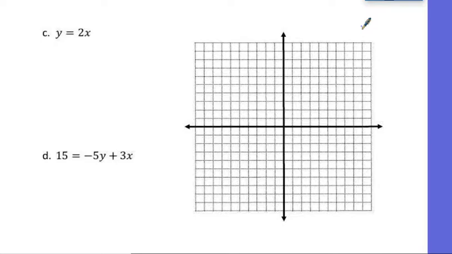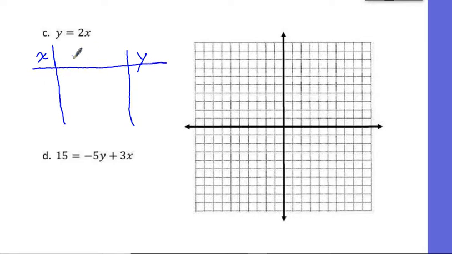Two more lines to graph here as we close out our lesson. Sometimes people write their table of values this way. So this is another way to represent x, y. And they write the equation in the middle, and they use the middle space for the work.